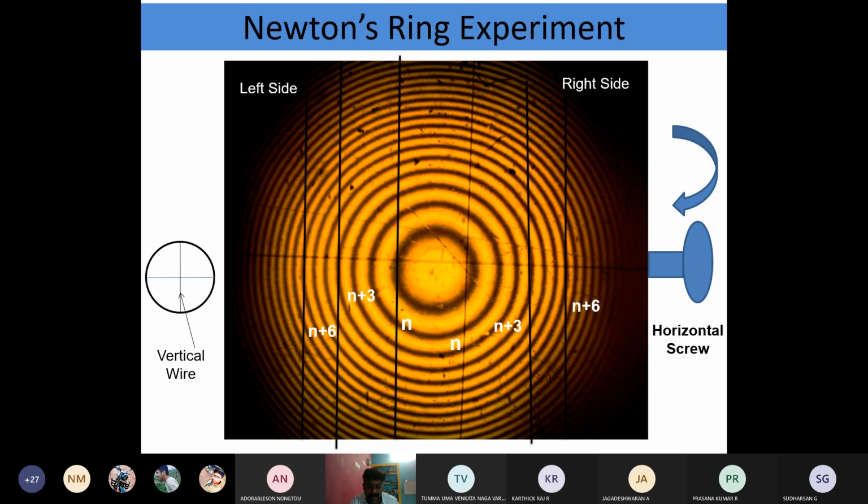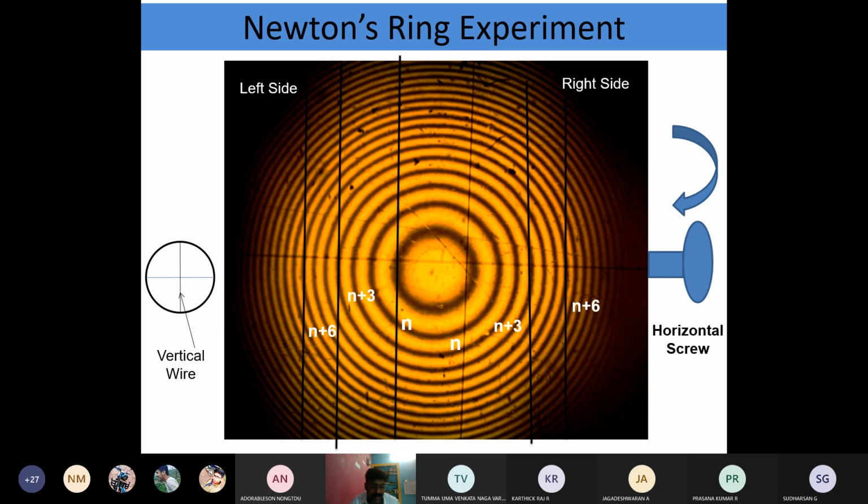So the starting value, you can see. For example, I am going to start the readings from the left hand side. I have to adjust the traveling microscope horizontal screw. While adjusting it, with the help of the eyepiece section, we have to view it and do the adjustment.